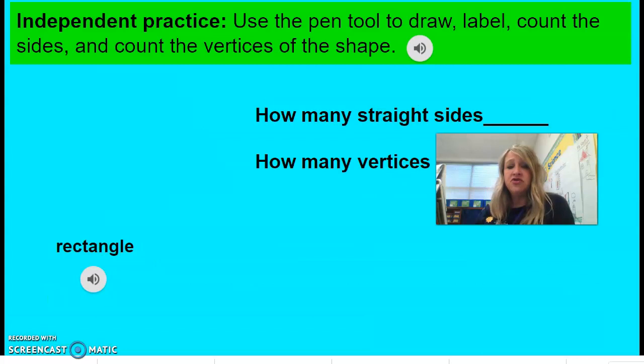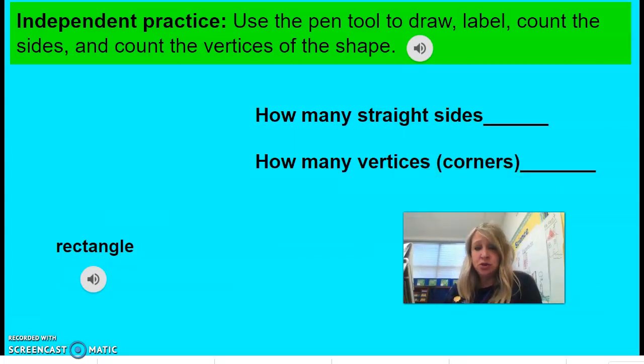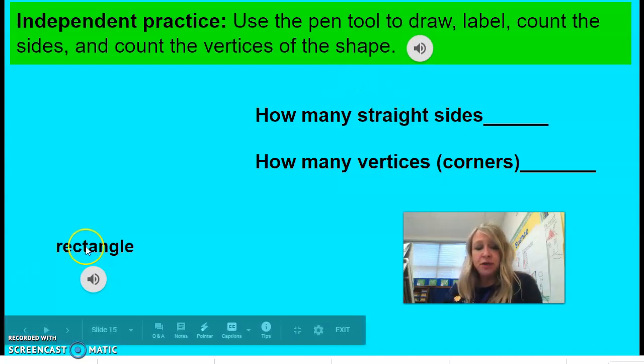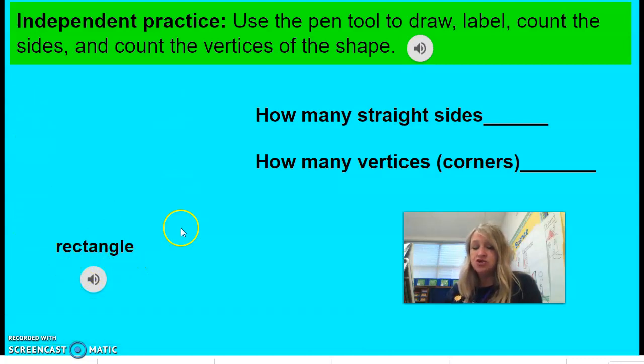You can use the pen tool to draw, label, count the sides, and count the vertices of the shape. The first shape you're going to draw is called a rectangle. I wrote the word there for you. So all you have to do is draw the shape.